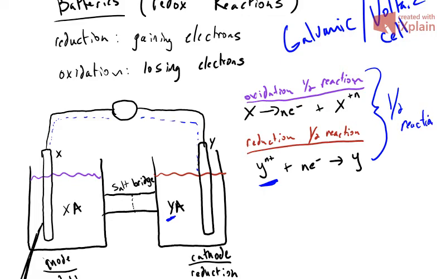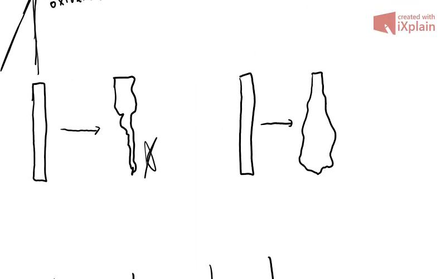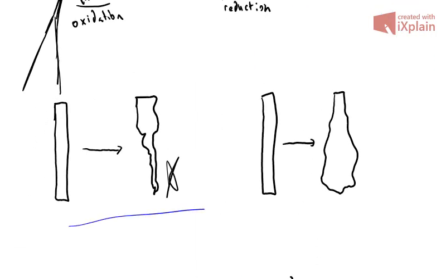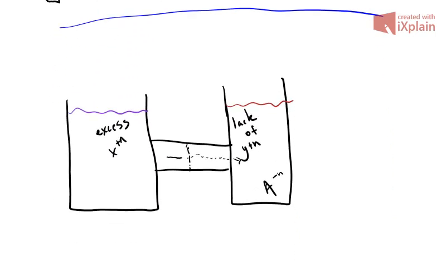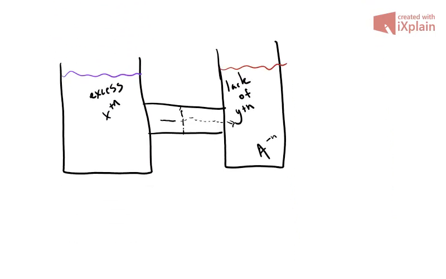These half reactions force the anode and cathode to undergo these processes, and the salt bridge enables the X plus to go over and form bonds with these A minuses.